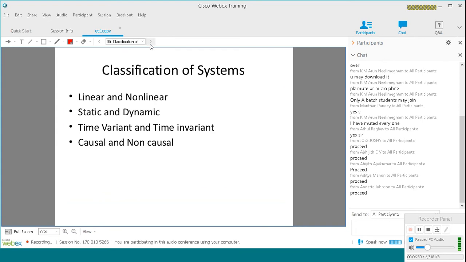Okay, thank you. So next is the classification of systems. Systems are classified as linear and non-linear, static and dynamic, time variant and time invariant, causal and non-causal systems.